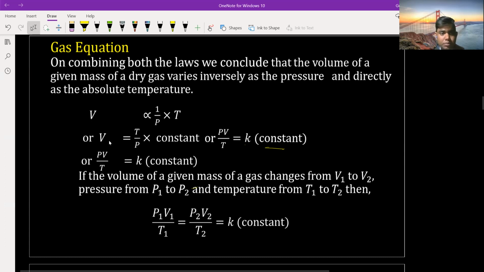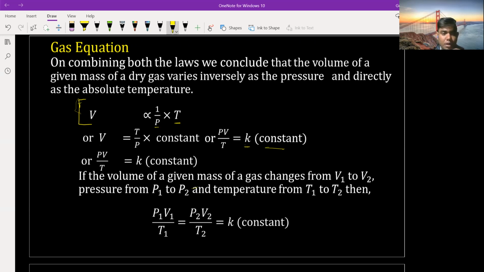So दोनों को combine करने के बाद हमें मिलता है कि volume V is inversely proportional to pressure P और temperature T के directly proportional होगा. So we can say V equals K into T upon P, or P into V upon T equals K, where K is a constant.